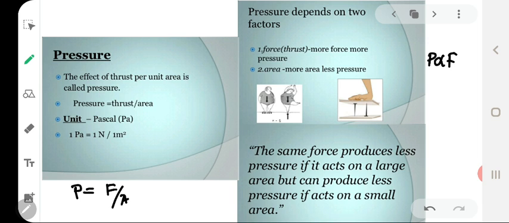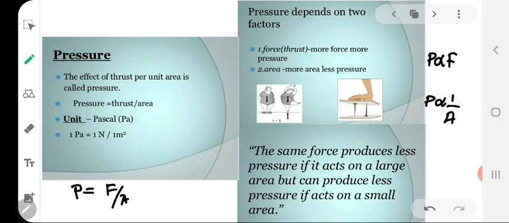Second, pressure is inversely proportional to the area of contact. The lesser the area of contact, the more is the pressure, and the more the area of contact, the lesser is the pressure. This means pressure is inversely proportional to area.